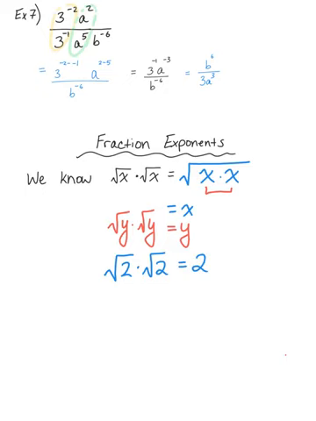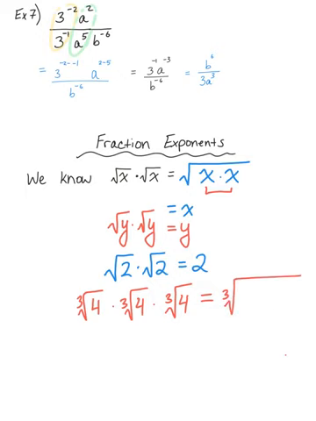This also works with cube roots. If I have a cube root, let's say I have cube root of 4 times the cube root of 4 times the cube root of 4. Well, again, using our radical rules that we learned in the last unit, this is the cube root of 4 times 4 times 4.